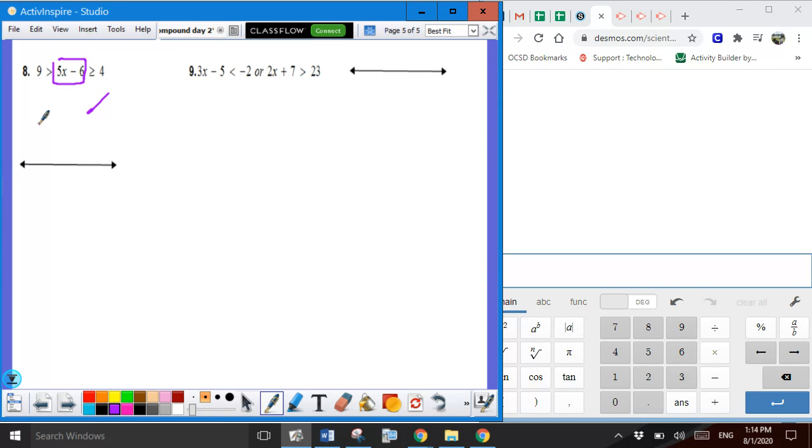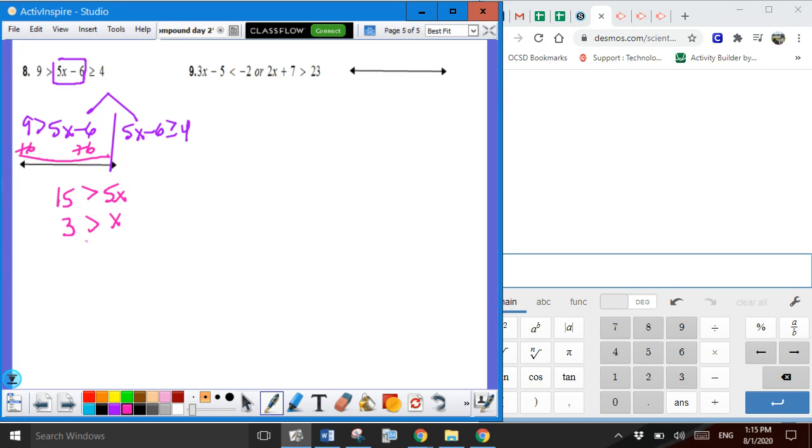So I have 9, the 5x minus 6, and I have the 5x minus 6 and the 4. And I'm going to add my 6, and I'll deal with my line later. So 5x and 15, x and 3.